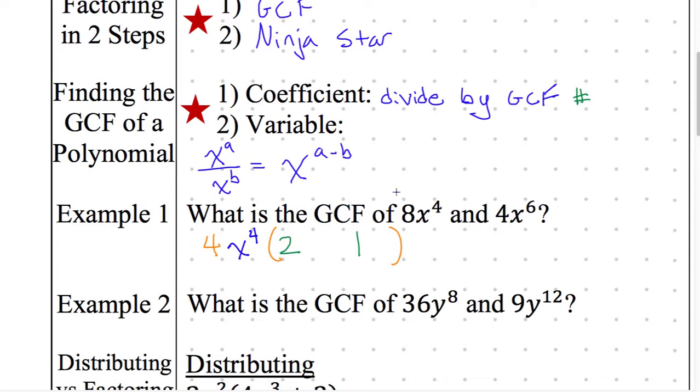All right, now what I'm going to do is subtract the power. And this power, we'll make a note here, this power is the smallest. Sorry, I don't know why I said biggest.